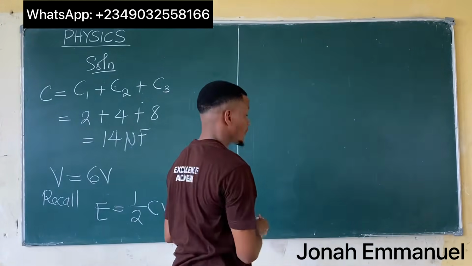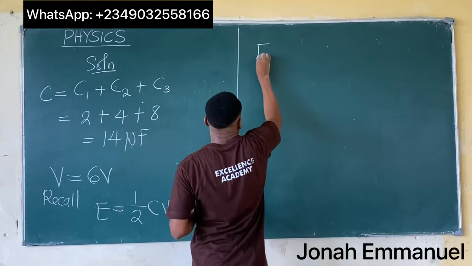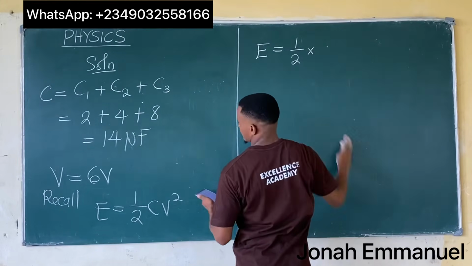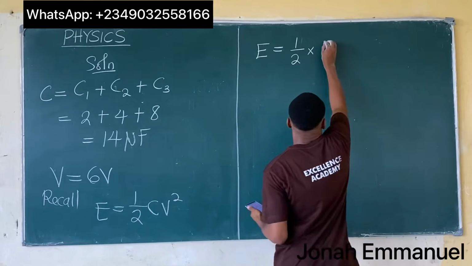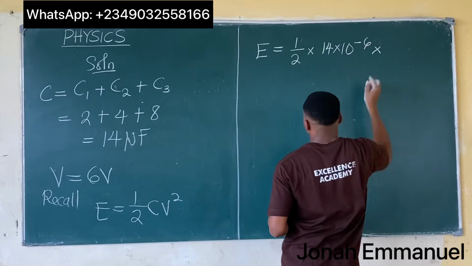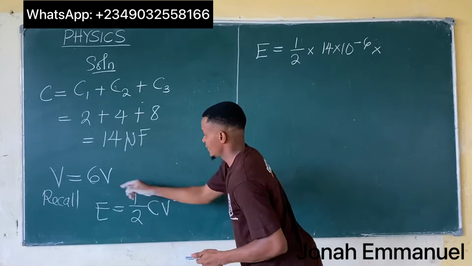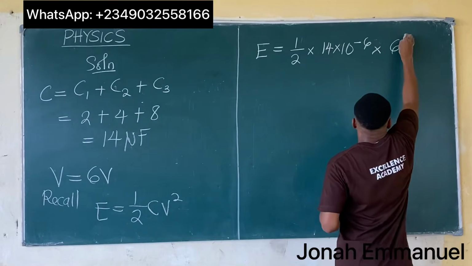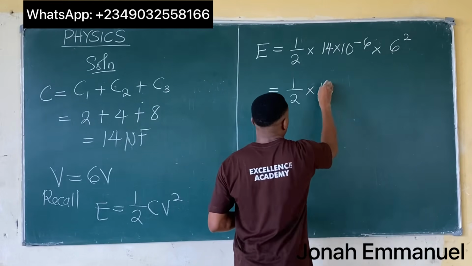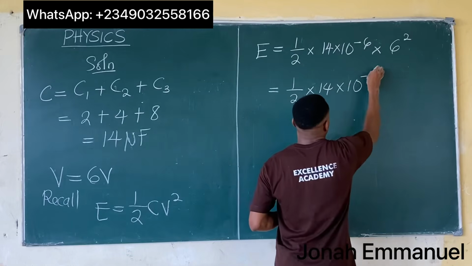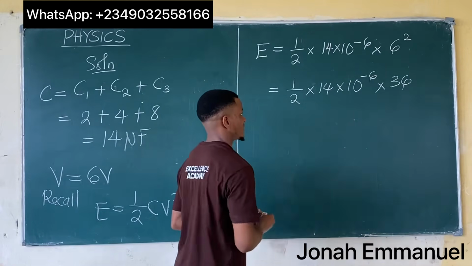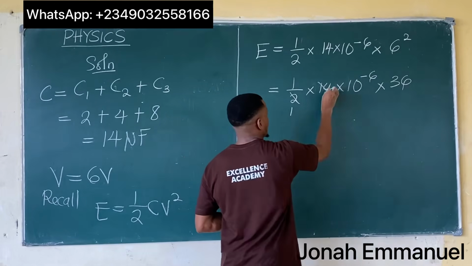So E is equal to half times C, the equivalent capacitance, 14 times 10 to the power minus 6, times V squared. V is 6, so it becomes 6 squared. So this is now equal to half times 14 times 10 to the power minus 6 times 6 squared, which is 36. So 2 here 1, 2 here 7.